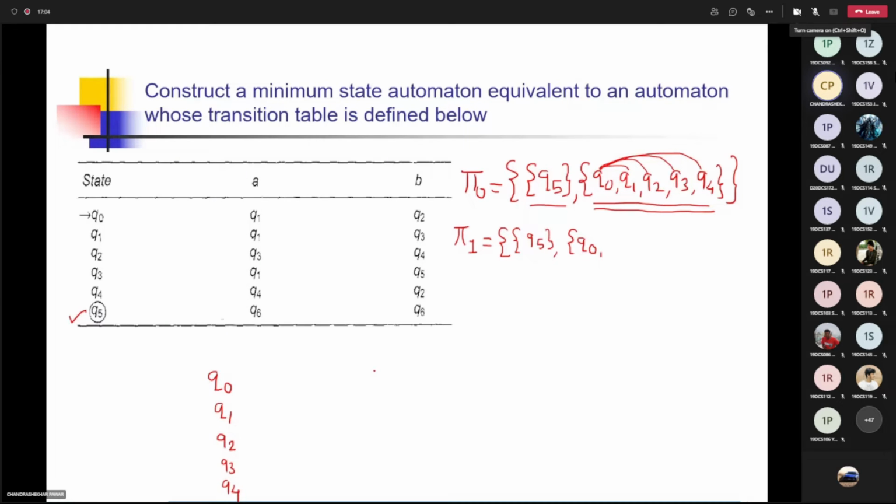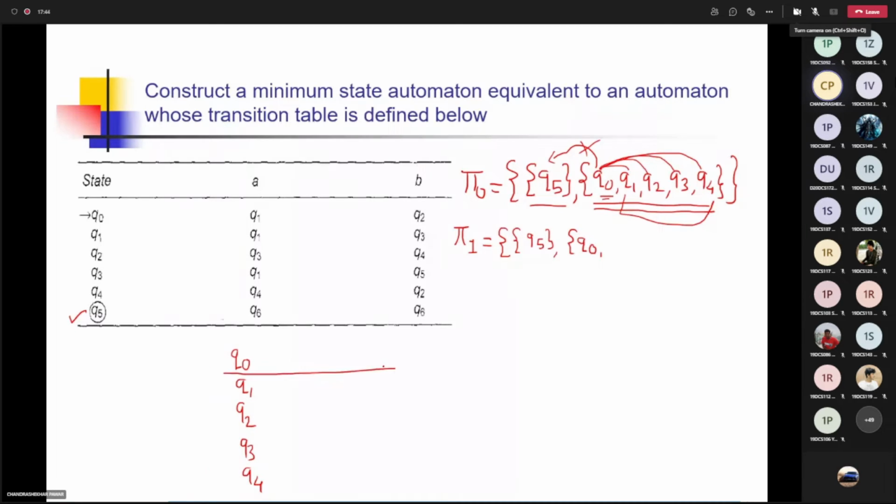Not with Q5, because Q5 is the final state and is in another set. Remember that Q0 is not checked for equivalence with Q5, only with the states present in the same set of pi 0 where Q0 resides. So we check the equivalence of Q0 with Q1, Q2, Q3, and Q4.